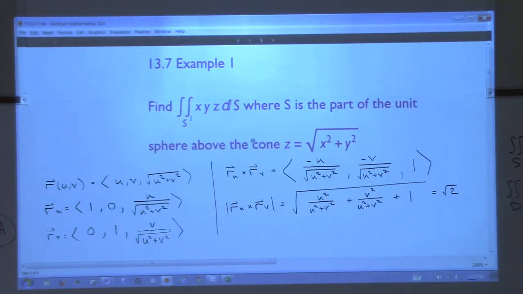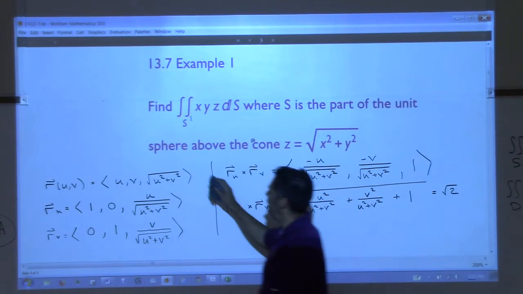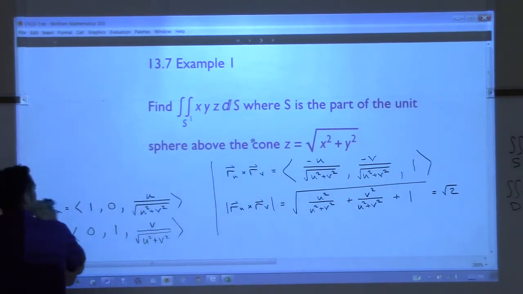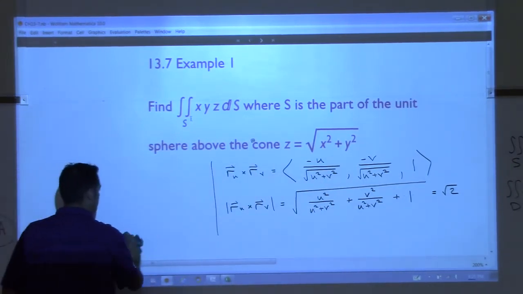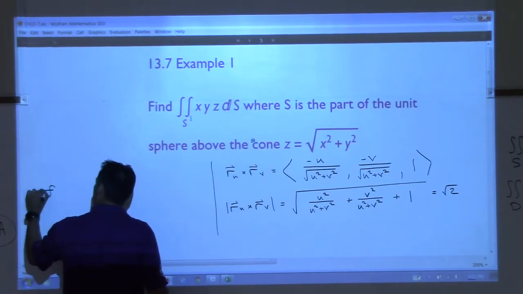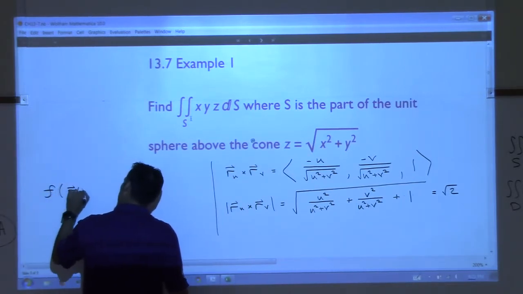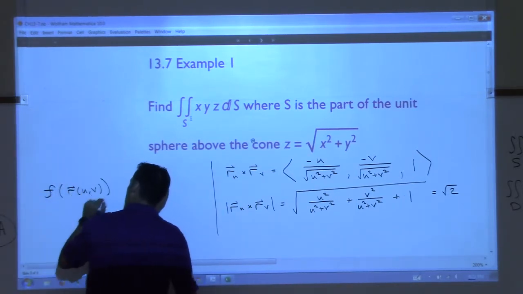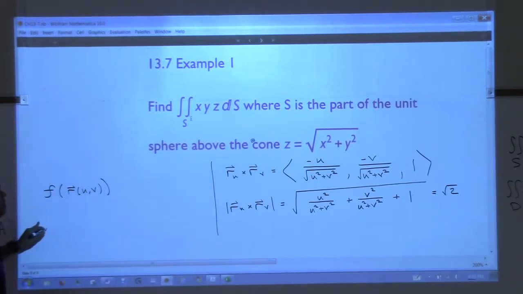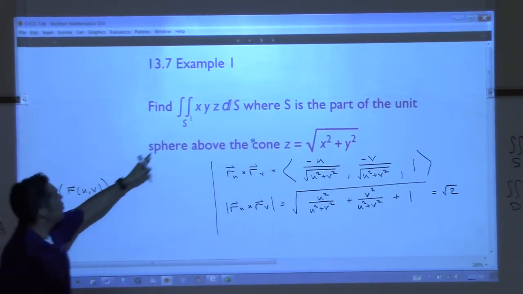And then I need to take my scalar function and evaluate it along the surface. So what is my scalar function evaluated along my surface? So what does this mean? Well, what is my scalar function? x, y, z, right?